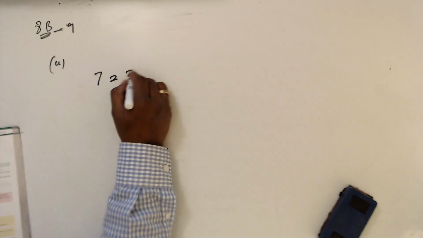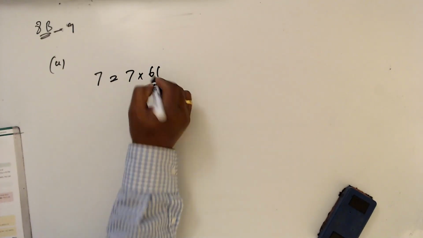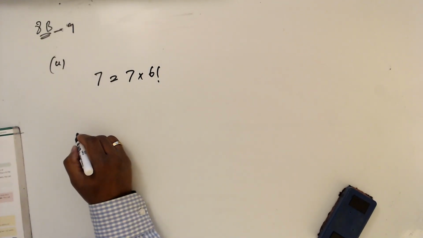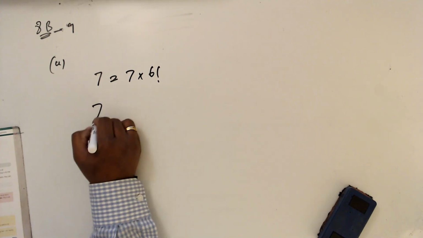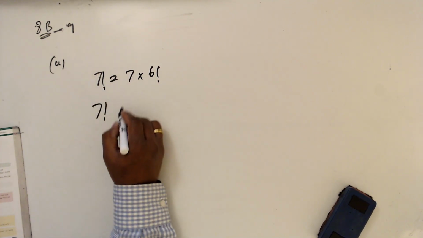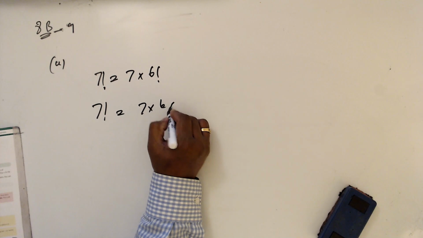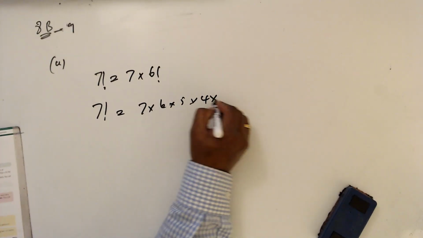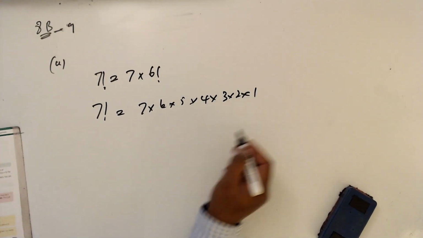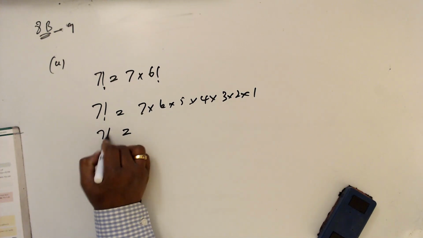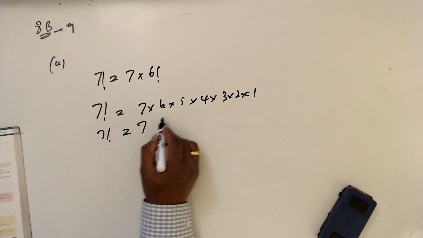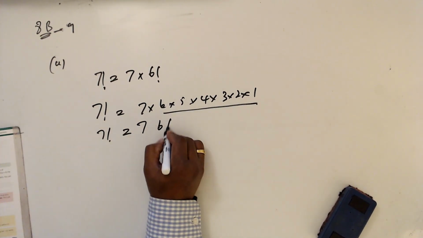7, I can write 7 times factorial 6. What is factorial 7? 7 means 7 times 6 times 5 times 4 times 3 times 2 times 1. I can write factorial 7 as 7 times factorial 6.